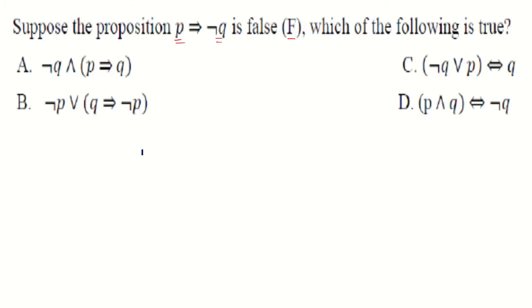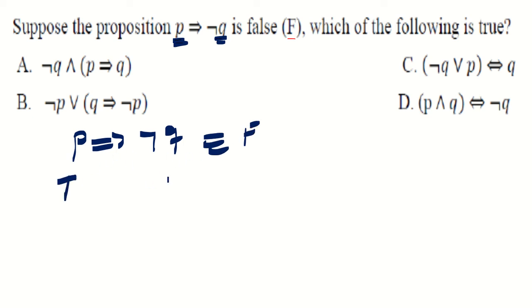So when we come back to our statement this time, it says P implies negation Q is false. Look, P implies negation Q is already given to you as false. That means for it to be false, the premise must be true and the conclusion must be false. From this we can conclude P is true, and negation Q false means Q is true.